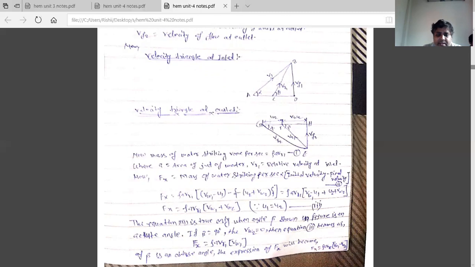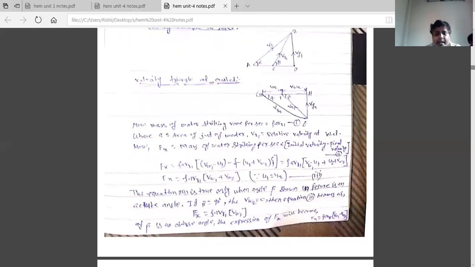That means Fx is equal to rho a Vr1 into (Vw1 plus Vw2). In this case U1 is equal to U2, so it will be cancelled. This equation three is true only when the angle beta is an acute angle as shown in the figure.